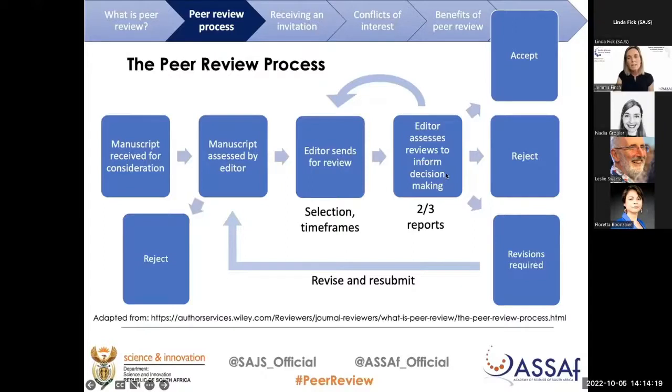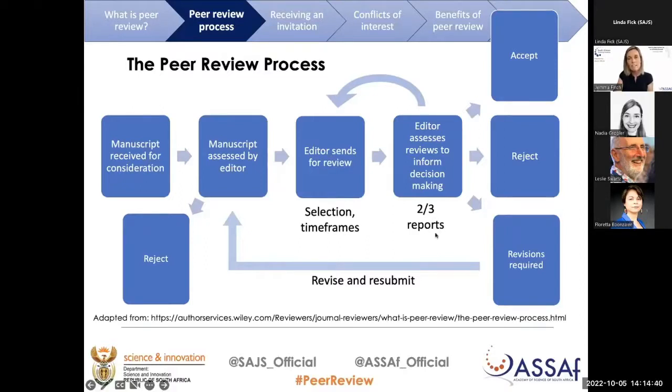Once we have sent out and reviewers have accepted the invitation to peer review, they conduct their peer review and send back the peer review reports. The editor will then look through those reports and assess the situation and use those reports to help inform decision making.